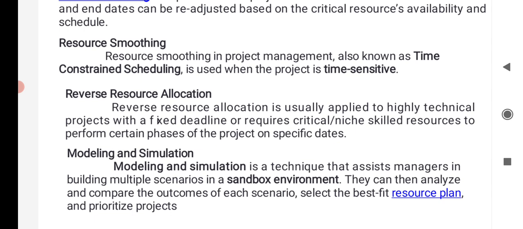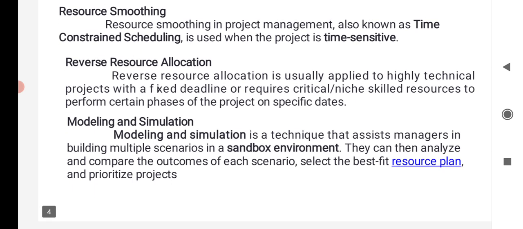Resource smoothing in project management, also known as time-constrained scheduling, is used when the project is time sensitive. Reverse resource allocation is usually applied to highly technical projects with fixed deadlines or that require critical or skilled resources to perform certain phases of the project on specific dates.